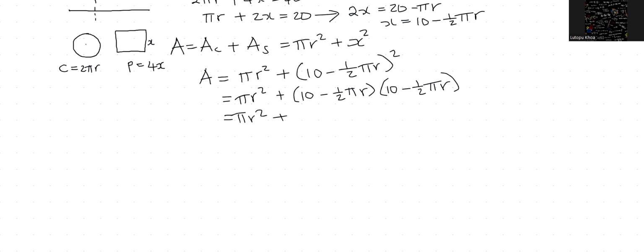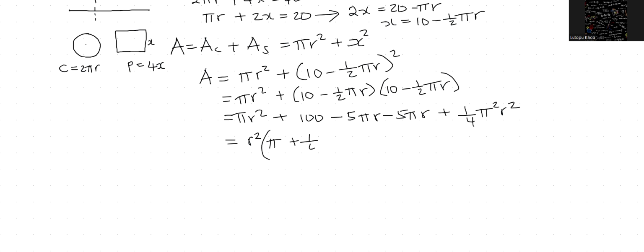There's 100 minus 5 pi r minus 5 pi r plus a quarter pi squared r squared. Collecting the terms with r squared, we have pi plus a quarter pi squared, r squared, then minus 10 pi r plus 100. So this is our formula for the area.